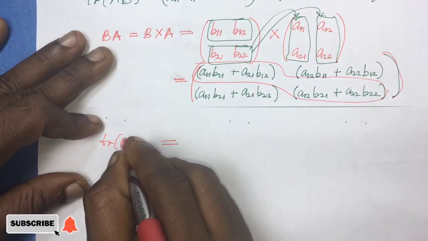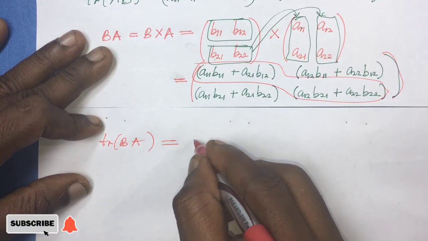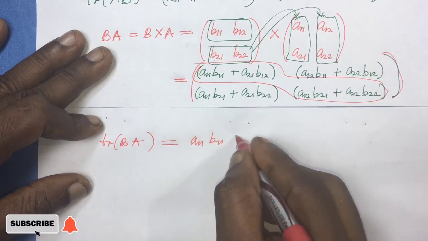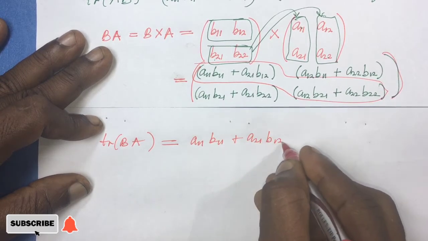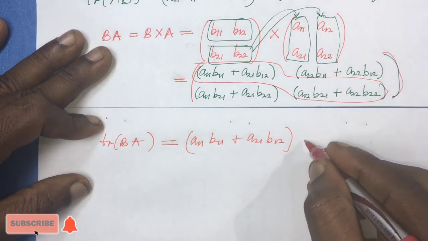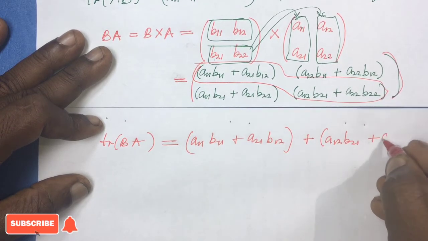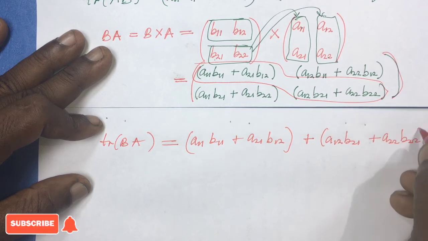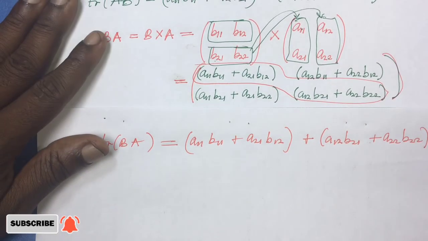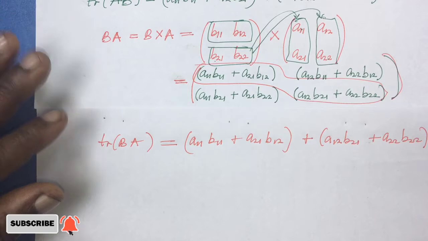The trace of BA will be equal to A11 B11 plus A21 B12 in one bracket plus A12 B21 plus A22 B22. Now, comparing both of them, you would notice they are the same.